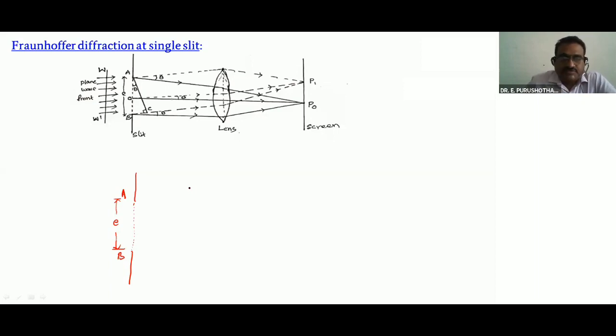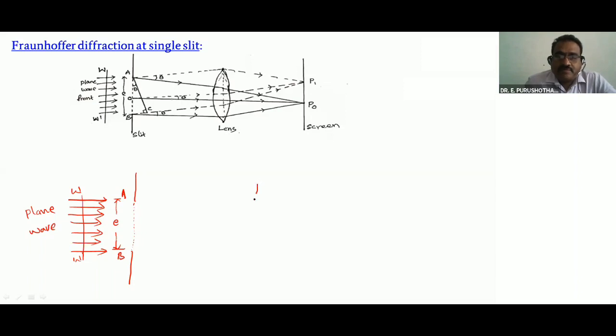Okay. So from the source, a plane wave, in Fraunhofer diffraction only plane wave front is used, we observe. So this is the W dash plane wave, is incident on the AB slit.